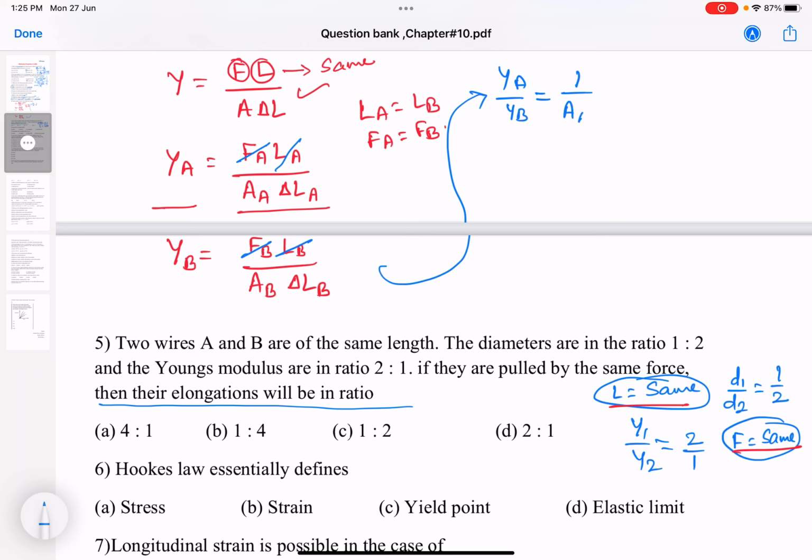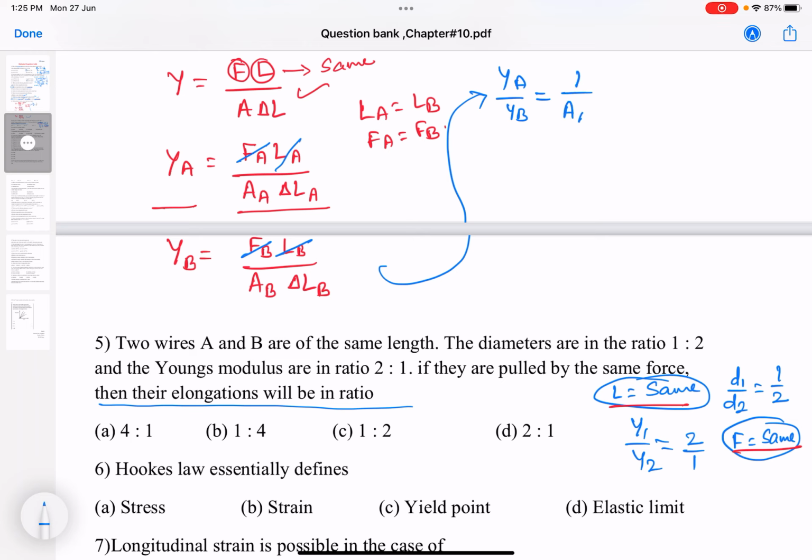So Young's modulus of A by Young's modulus of B is equal to AB divided by AA. AB is nothing but pi dB square by 4 divided by pi dA square by 4, into change in length of B divided by change in length of A. Okay.